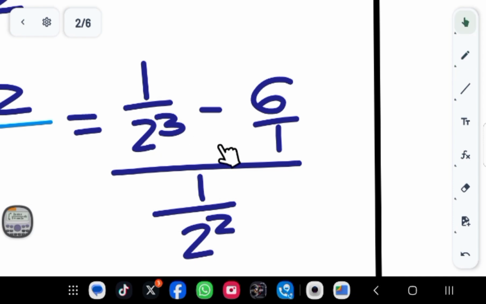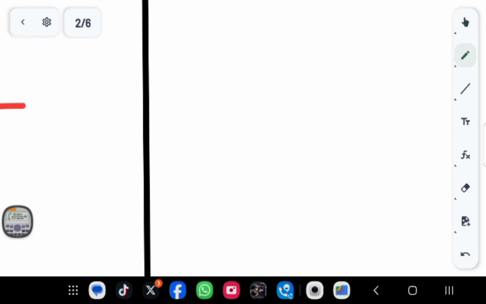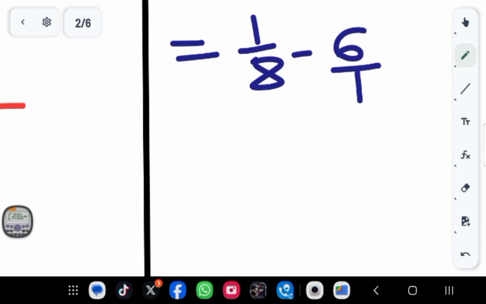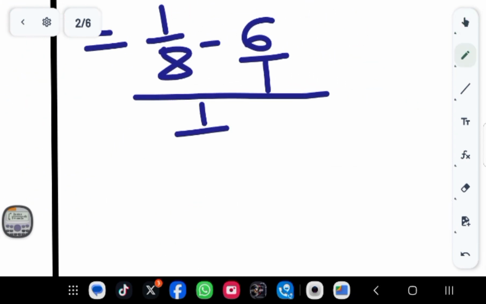So that's 1 over 8 minus 6, or 6 over 1 if you prefer, all over 1 over 4.